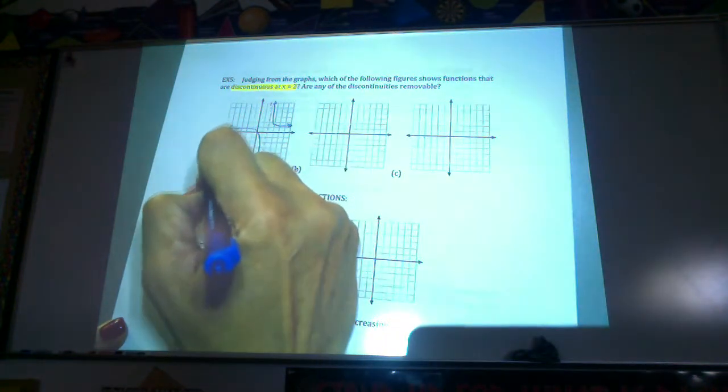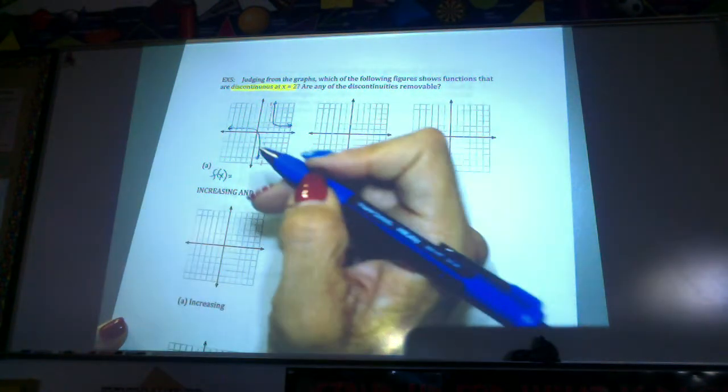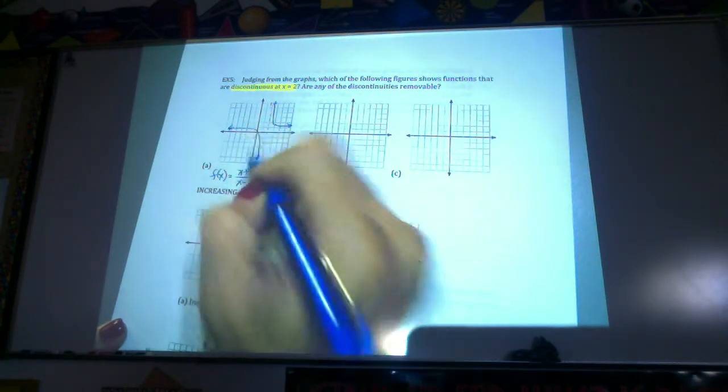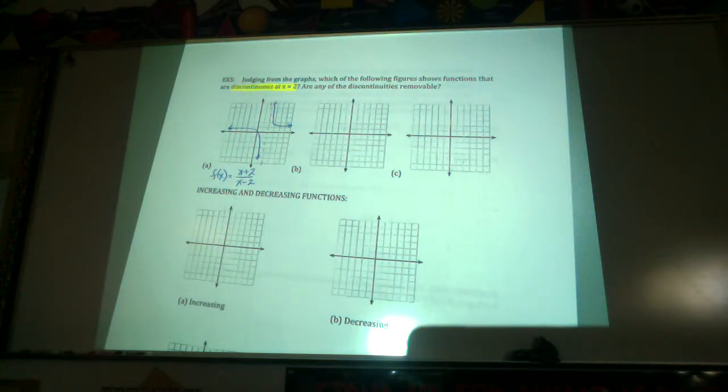You may or may not have the name of the function or the algebraic equation, so this would be x plus 2 over x minus 2. Is that function discontinuous at x equals 2?